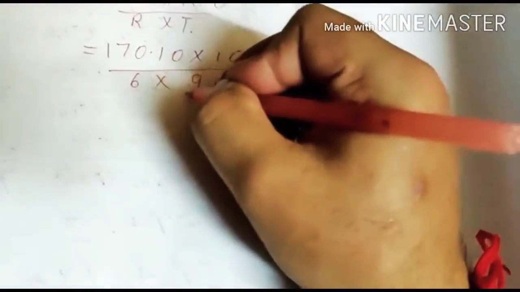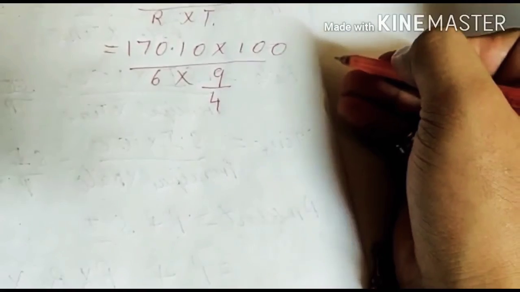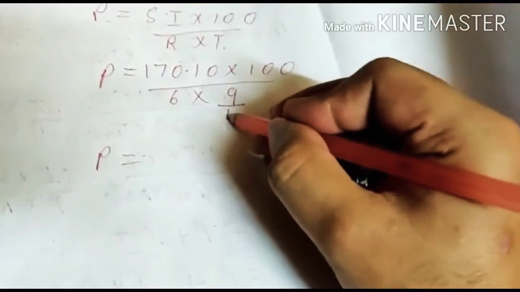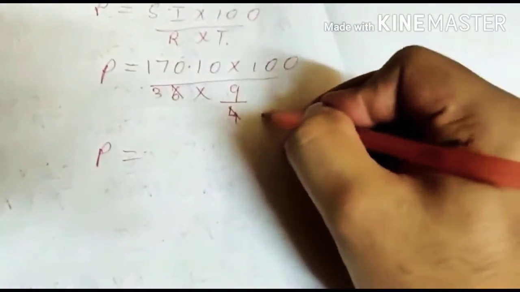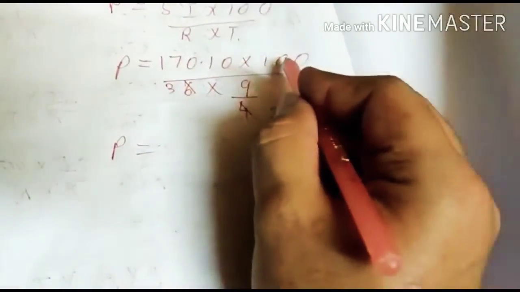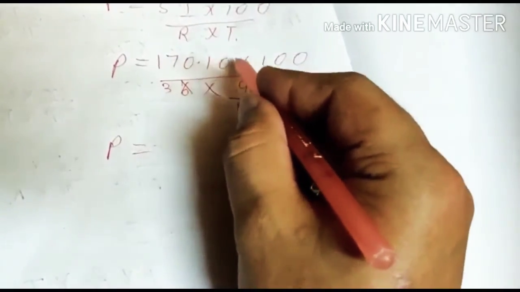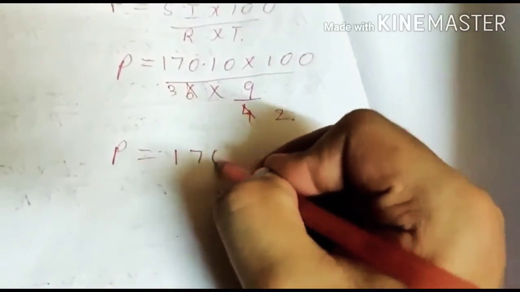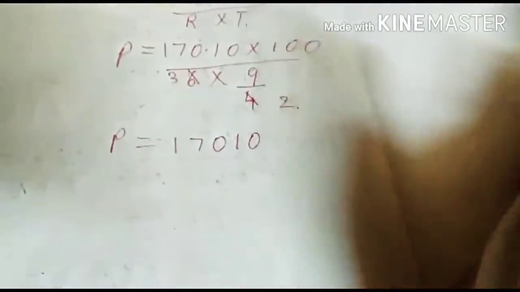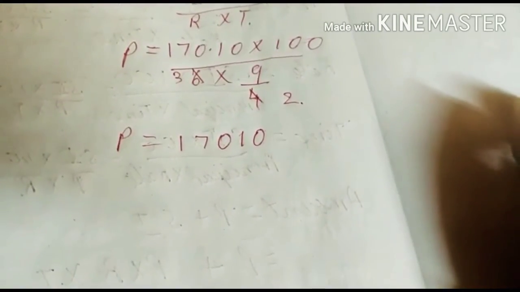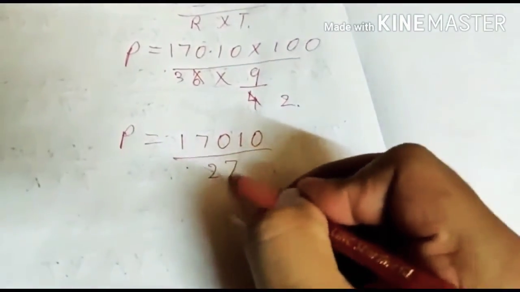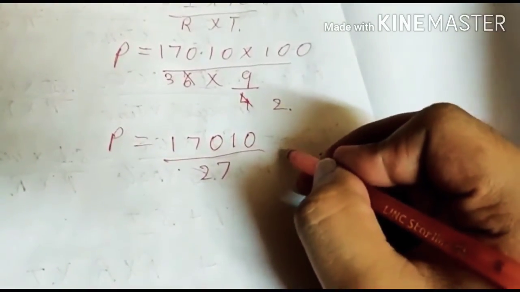So P equals this. The decimal will be moved 2 places, and we will get 17010, multiplying these, the decimal moves 2 places in the right direction.